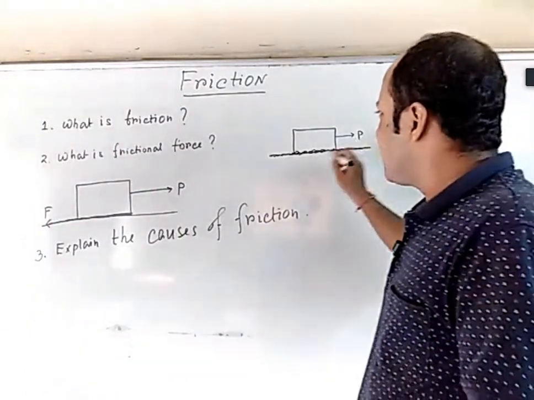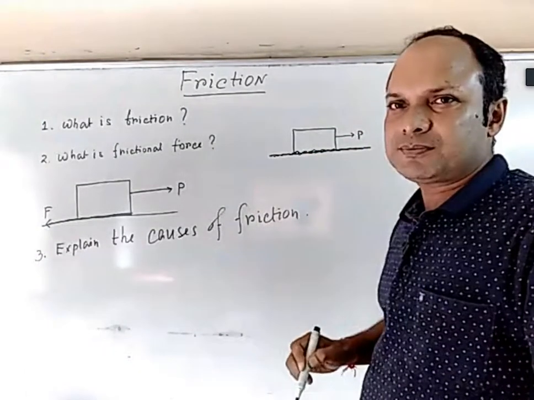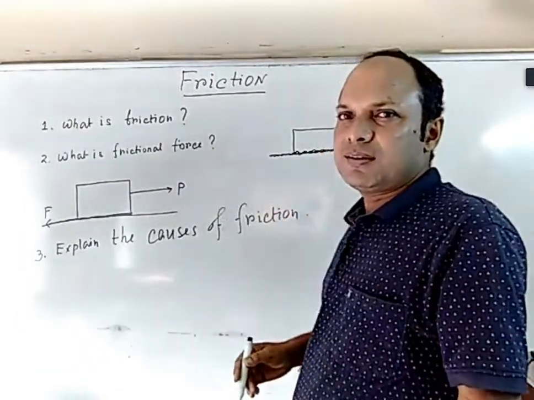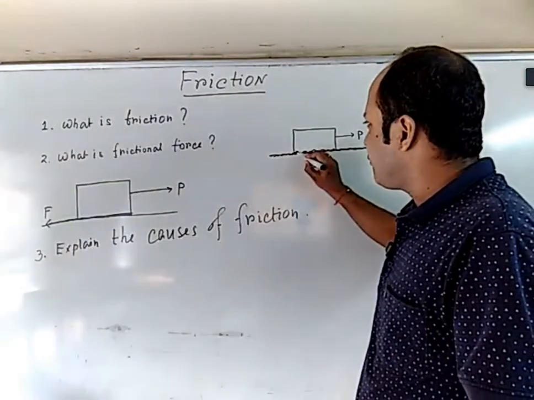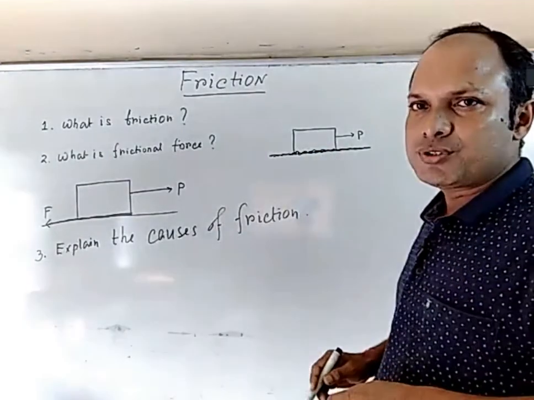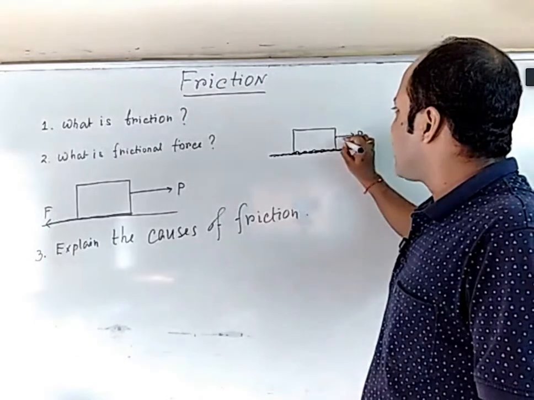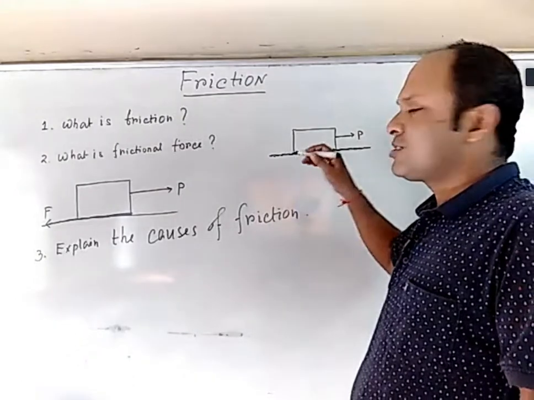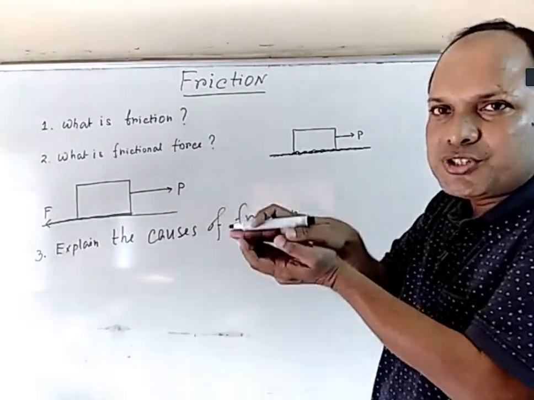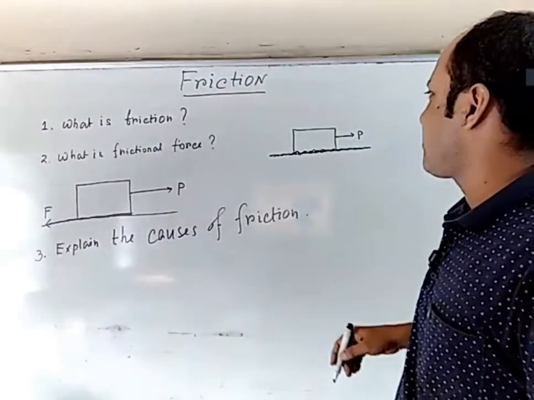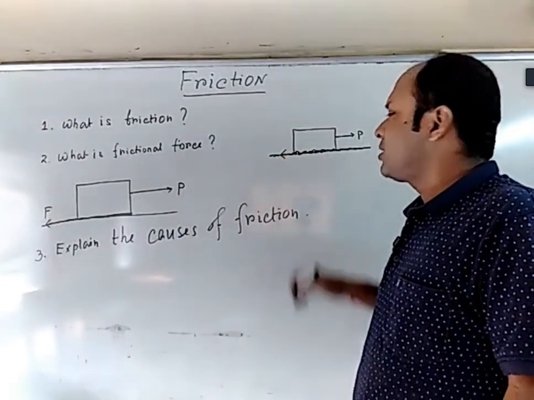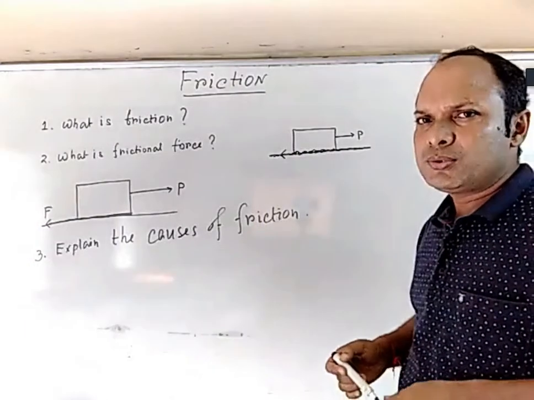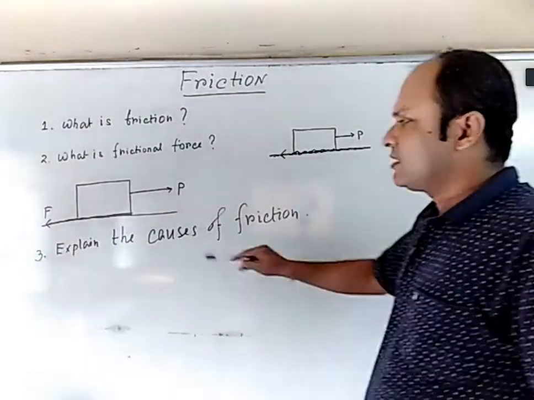This kind of interlocking will produce a particular amount of frictional force, which will oppose the applied force and try to resist at its own position or state. So a frictional force will develop in the opposite direction of the applied force. So there are two concepts regarding the causes of friction.